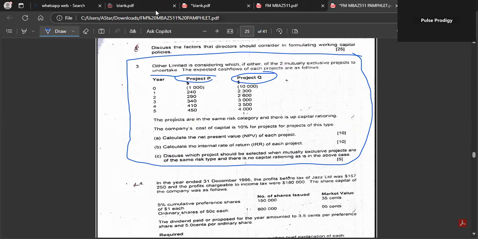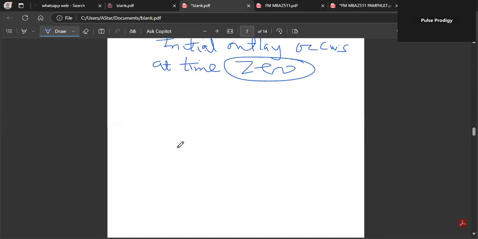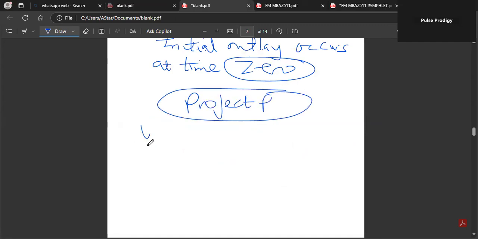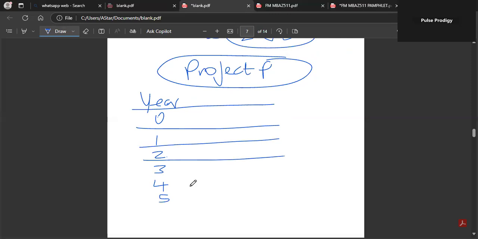Now let me use my whiteboard here. Of course, I'll just go the extra mile. If we look at project P, you made an investment at year 0, 1, 2, 3, 4, 5. So the investment is done at year 0.